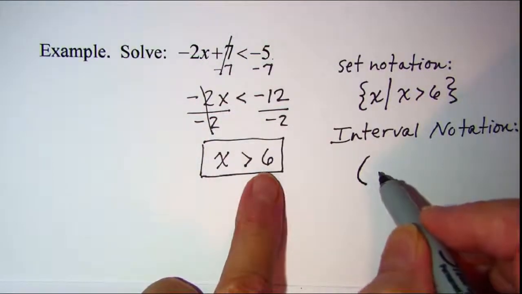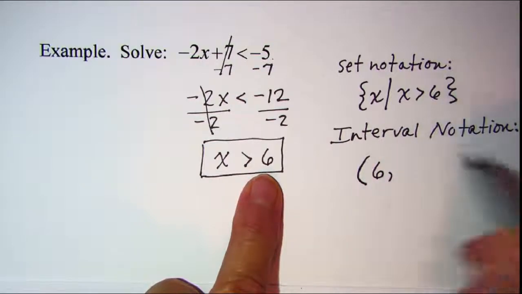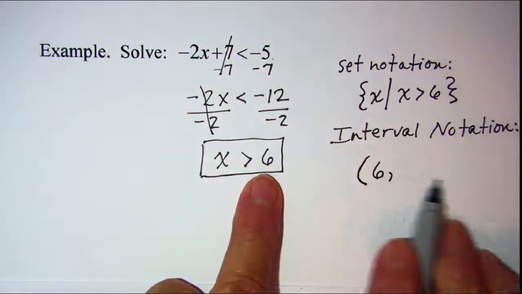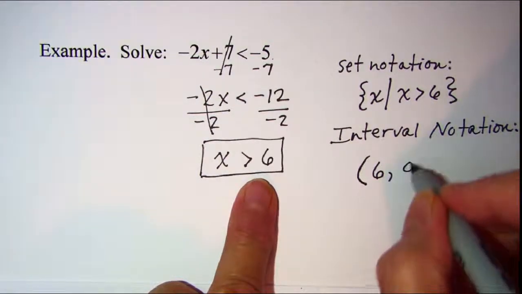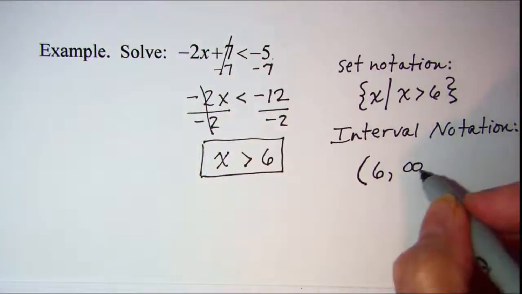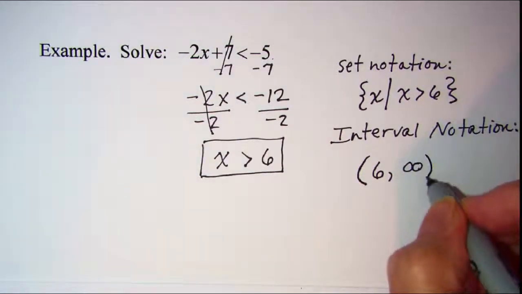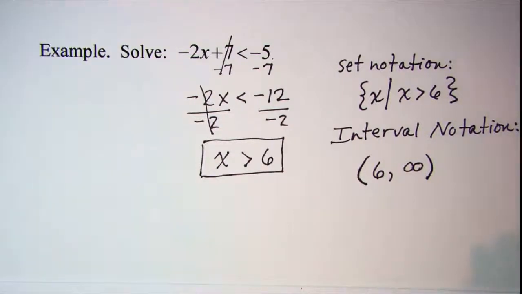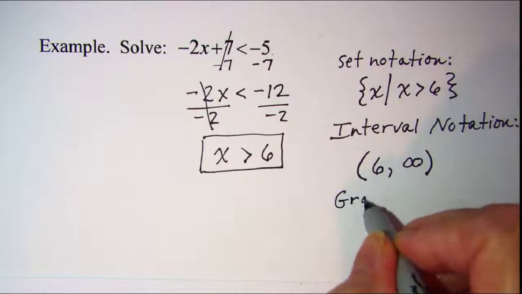And this is my left boundary. So 6 is my left boundary. And then I'm going to go all the way up to positive infinity. That'll be my right boundary. Since there is no number at positive infinity, I need to use the closed parentheses on that one. And then we could also graph our solution set.